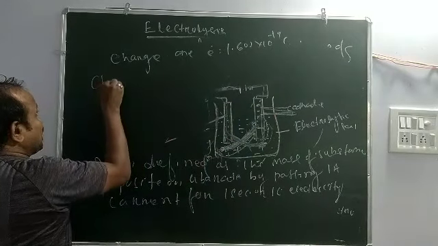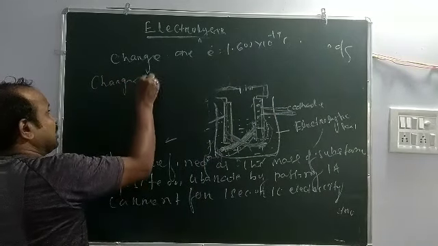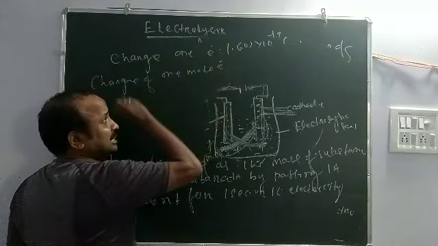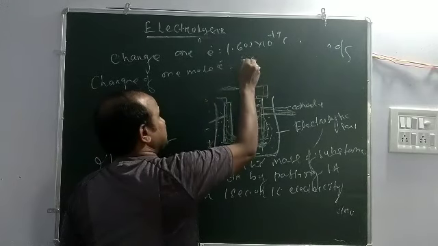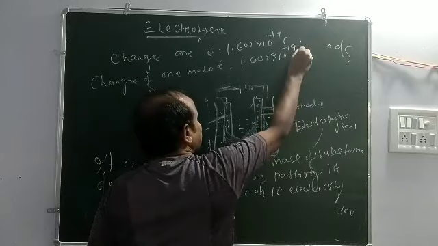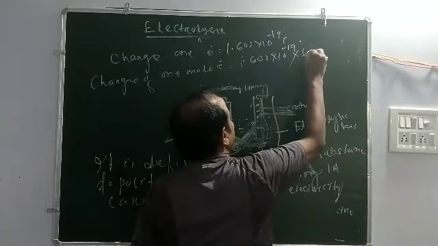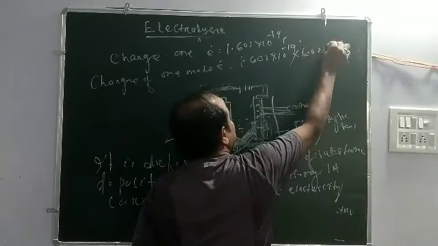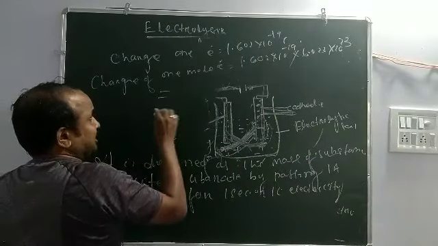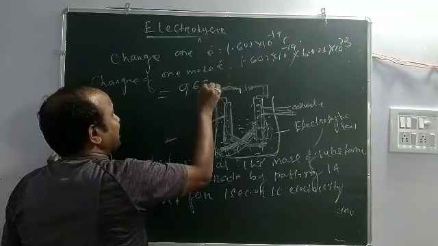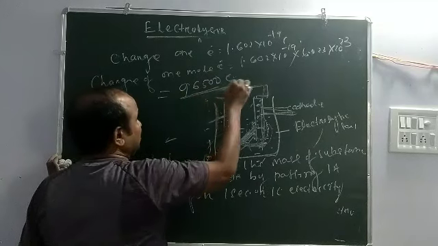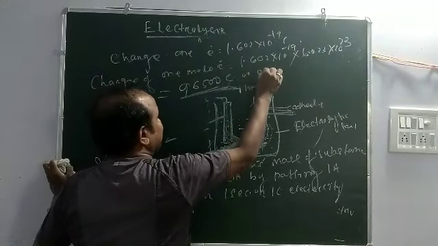Then the charge of 1 mole electron equal to 1.602 into 10 to the power minus 19 into 1 mole, meaning 6.023 into 10 to the power 23, which is approximately 96500 coulomb. 96500 coulomb is called 1 Faraday.